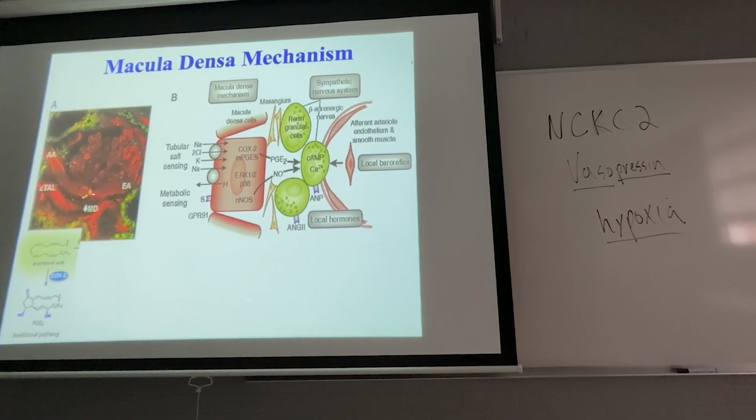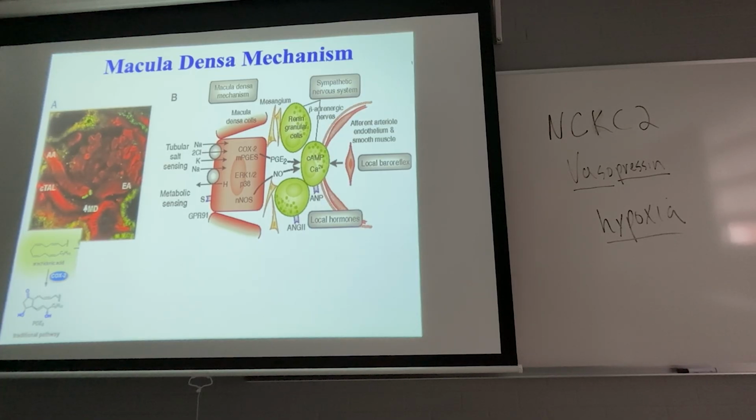Here are the juxtamedullary cells right here, these two green cells. Here's the macula densa, which doesn't stain here very well, but it's showing you the position of the glomerulus, macula densa here, and then the juxtaglomerular cells. Now, the juxtaglomerular cells are the ones that release renin. So these ones in green are the renin-releasing juxtamedullary cells.